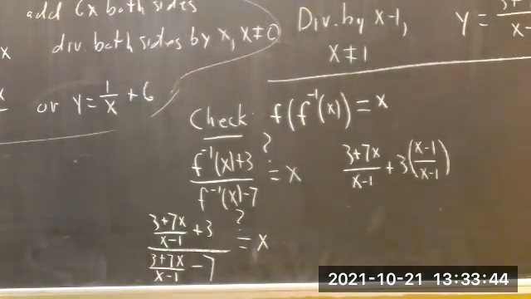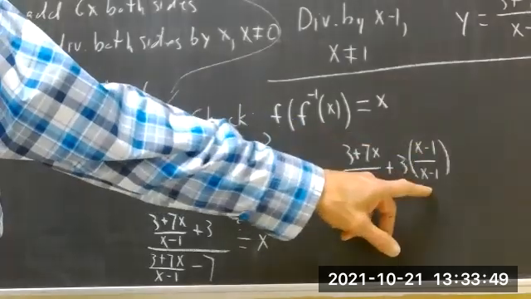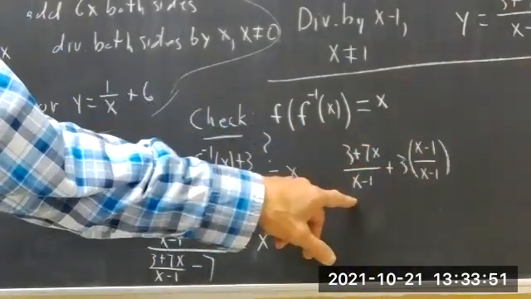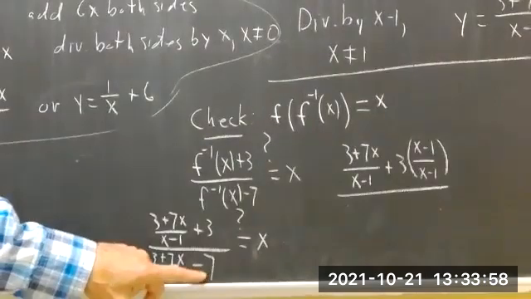So we multiply 3 by x minus 1 over x minus 1, so now we have a common denominator of x minus 1. Down here in the denominator, we do the same thing for the -7.